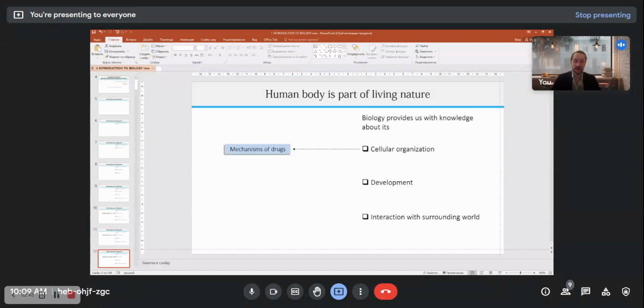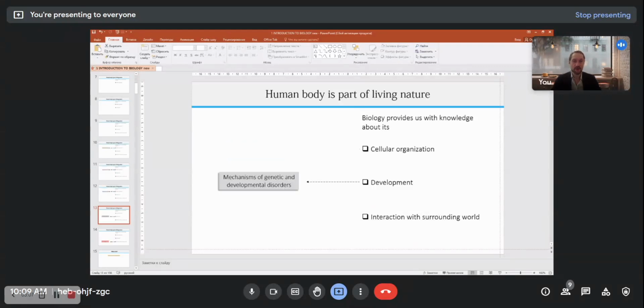And of course, knowledge about cellular organization is necessary to understand mechanisms of drugs, because when you study pharmacology, you will see that a lot of drugs have their effects on the human body mediated by interaction with certain cells, with their receptors.